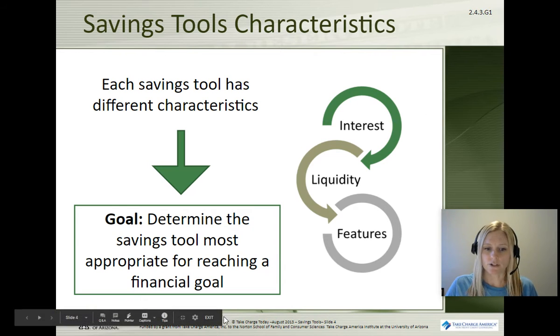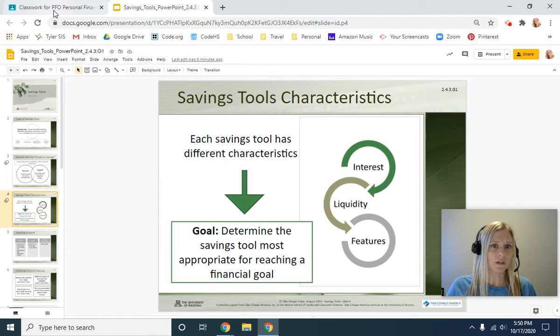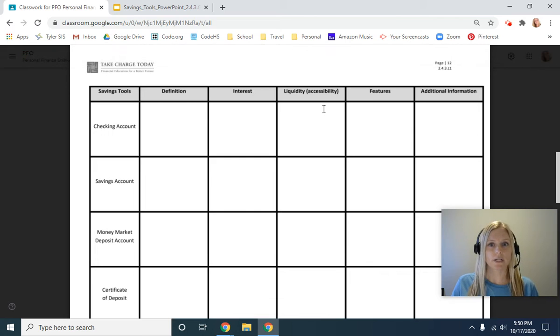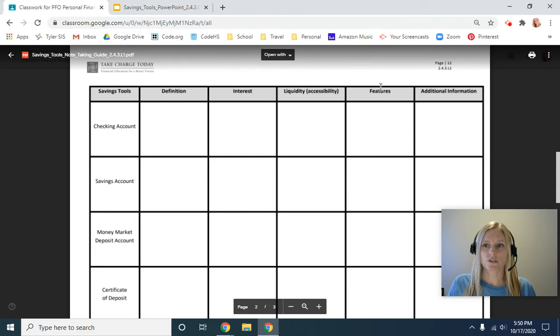Now, the second page of the note-taking guide looks like this. And just notice that we're going to cover each of these separately: checking account, savings account, money market deposit account, and certificate of deposit. I believe I have about 2 slides for each where you will be able to see the definition of each, whether or not it earns interest and how high the interest rate is, the liquidity, meaning the accessibility, how quickly you can convert it to cash, and any additional features.